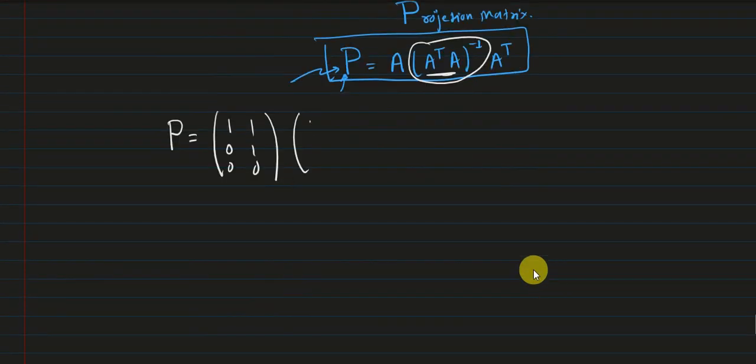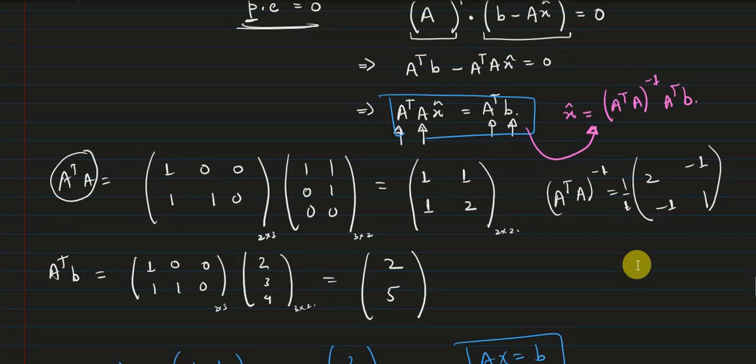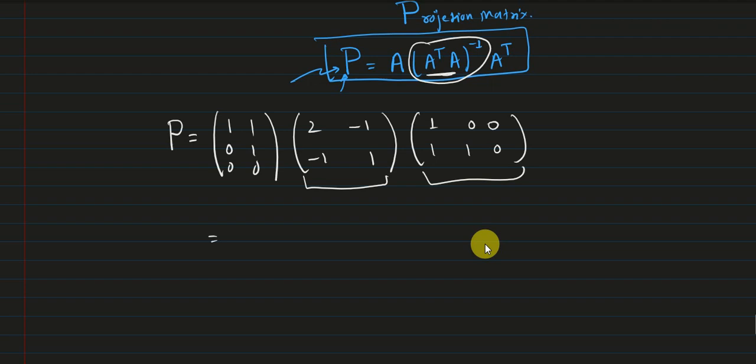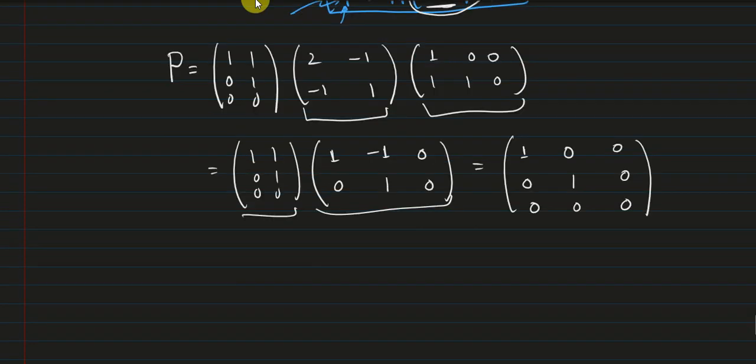I think I have written it correctly. And then A transpose, which is 1 0 0 and 1 1 0. Let's multiply first these two matrices. This is what we will get after multiplication, and now multiply this and this. So after multiplication we have found this projection matrix.